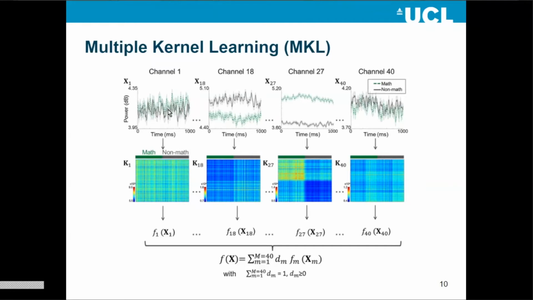You have your different channels, and for each channel, across the time steps, you build a kernel and then estimate a classifier. You build your final classifier as a weighted sum of those small classifiers, and you have an L1 penalty on the contribution of each channel.